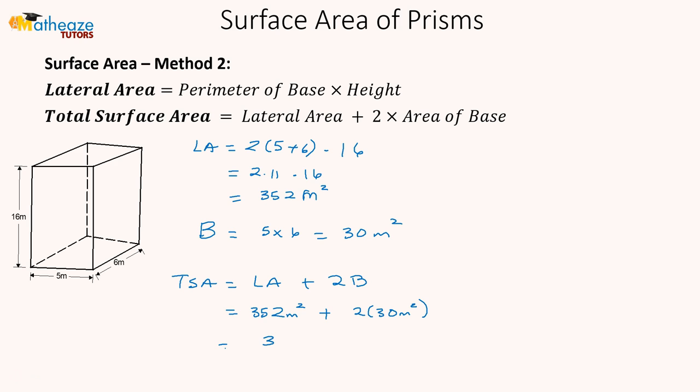So this is going to give us 352 square meters plus 60 square meters, which is going to end up being 412 square meters. So this is a demonstration of how to use both methods in dealing with surface area of prisms.